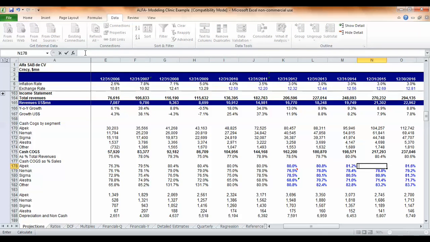Or you can say that in the case of, for instance, Alestra, there'll also be some competitive pressure, so they'll have to maybe increase their cost because of the higher value added that they want to offer. You can also do that. Also, if you're changing your assumptions on your top line, if you're growing one division more than the others, you also have an effect on your consolidated gross margin and resulting cash flows. So it's important to have this level of detail in your model when you want to run those sensitivities.